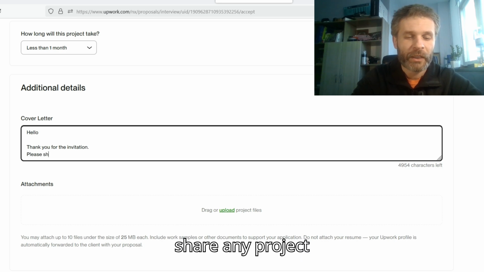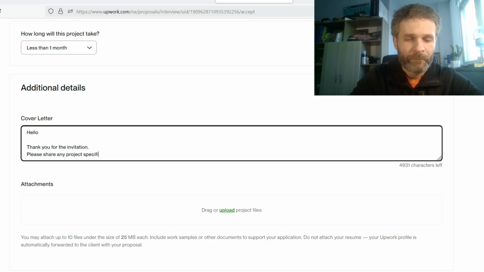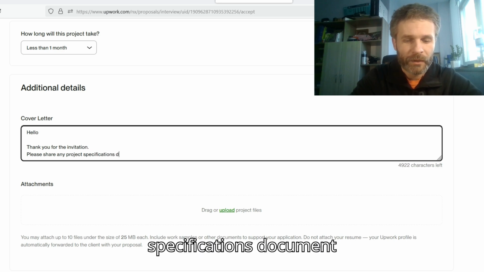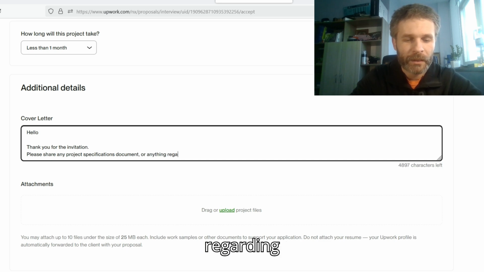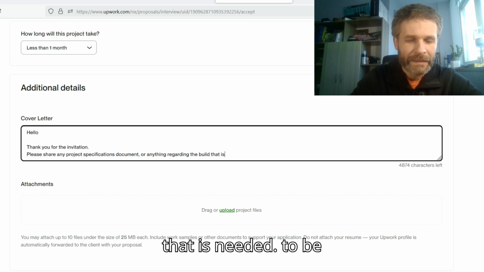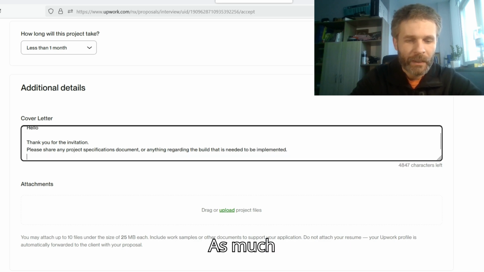Please share any project specifications document or anything regarding the build that needs to be implemented. As much info as possible is highly appreciated.